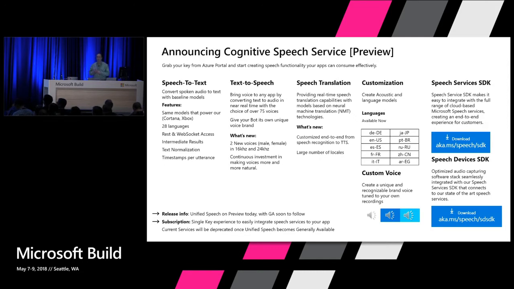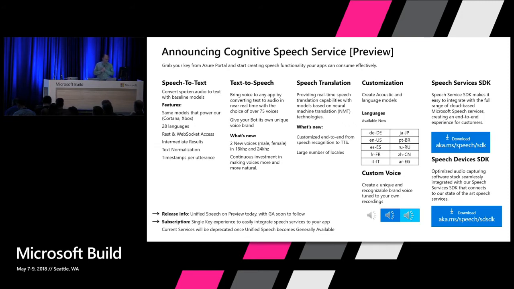So basically the point is that the models we use for these products are the models that we actually expose to you. And you can use these models for uploading your audio and getting back transcriptions. We support a number of languages. As you can see, these are baseline models that we actually release. And you can use these services, you can use these models through the SDK or REST APIs. There are features like intermediate results, real time, text normalization, timestamps, and so on and so forth.